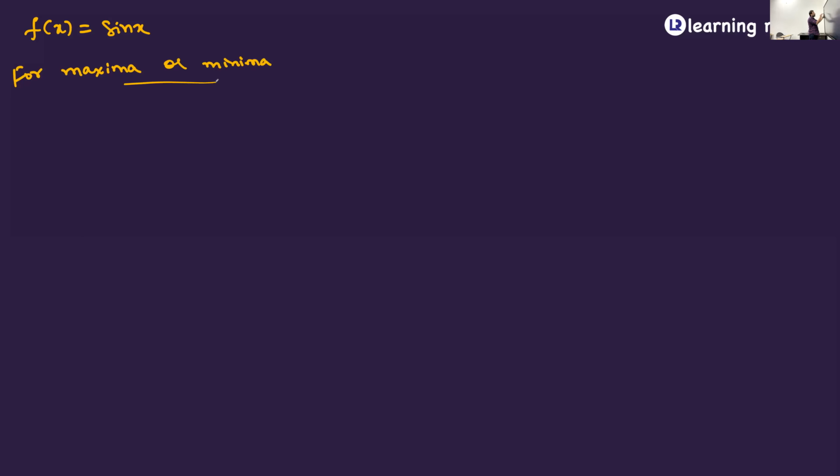Find f dash of x. F dash of x is cos x. Then you equate it to 0. First derivative is always equated to 0. When cos x is equal to 0, what are all the values of x? What will be the value of x?